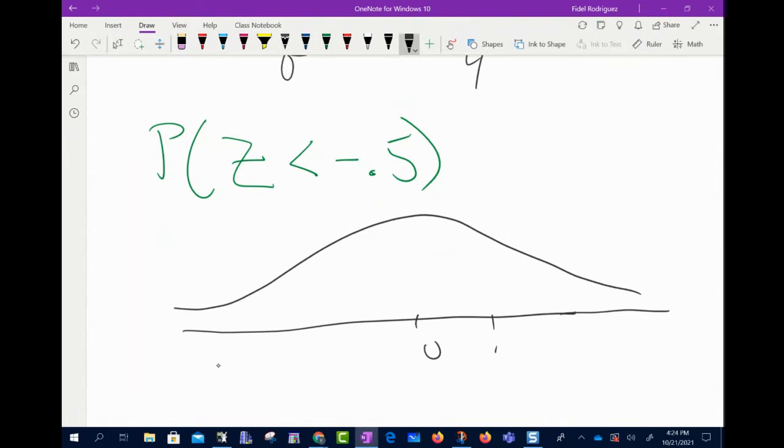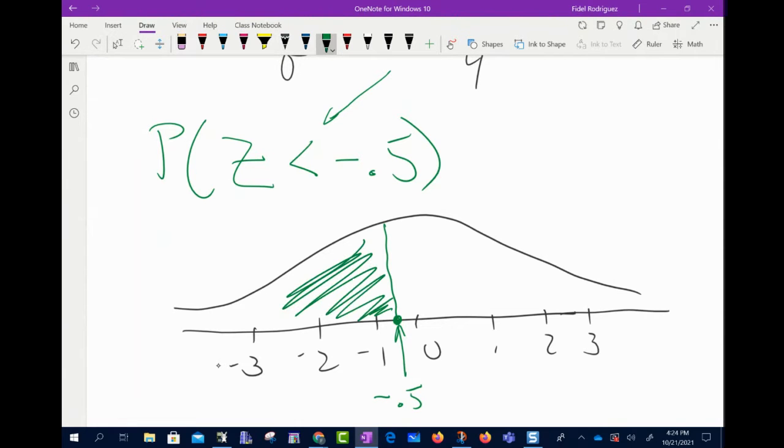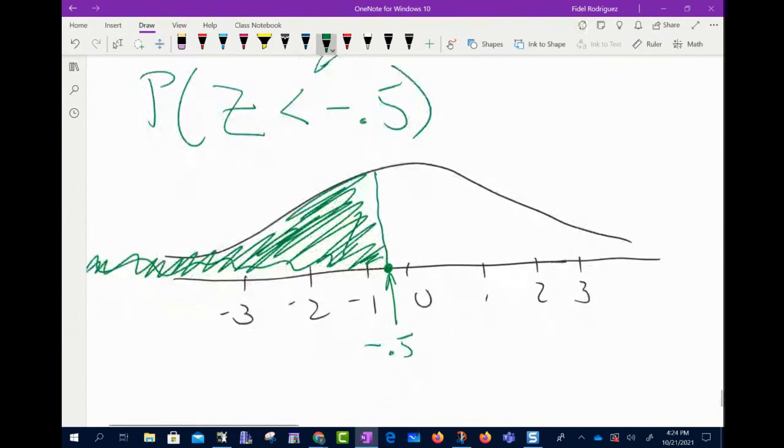I'm going to put 0, 1, 2, 3, and -1, -2, and -3. And the number that we're really interested in is this number right here, which is a negative 0.5. And because this is telling us to the left, remember what we're looking for: the area to the left of that curve.